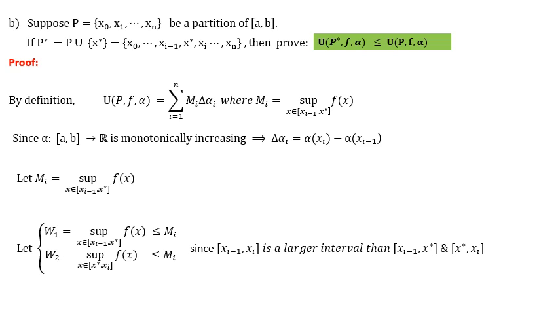Again, both of those will be smaller than M sub I because the interval for M sub I is a larger interval than each of those.